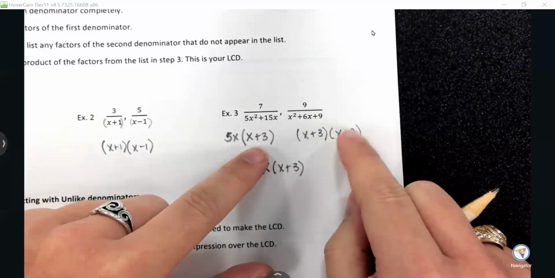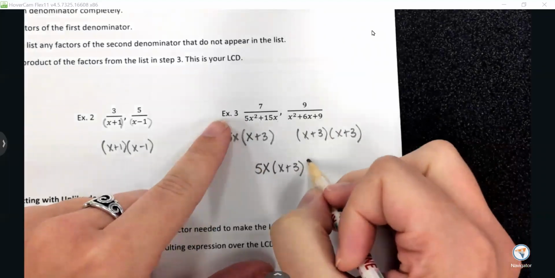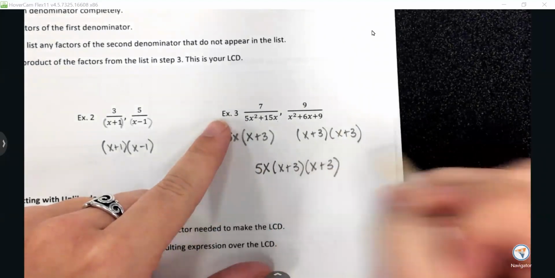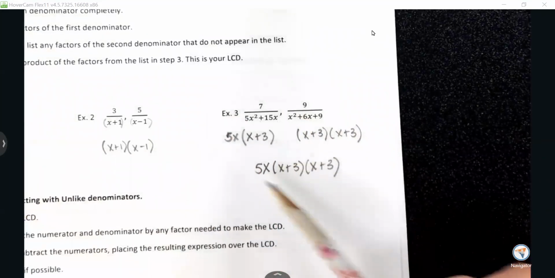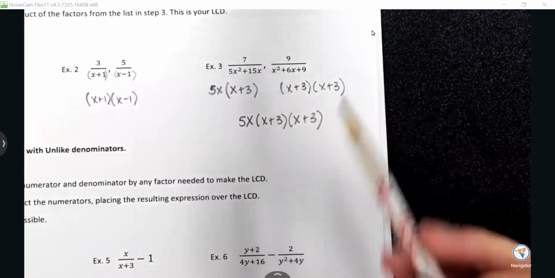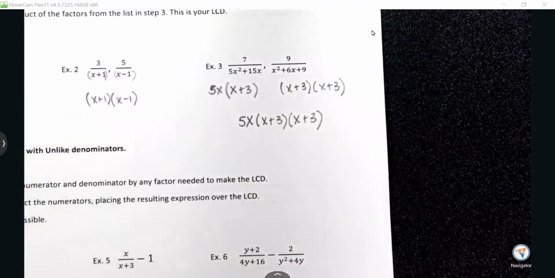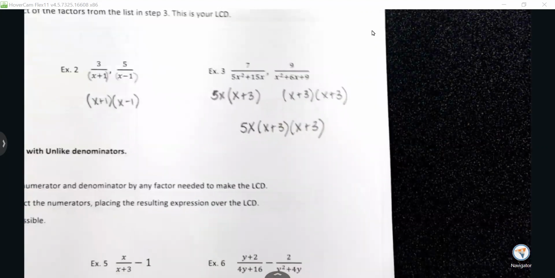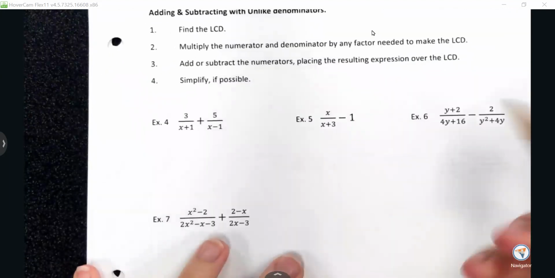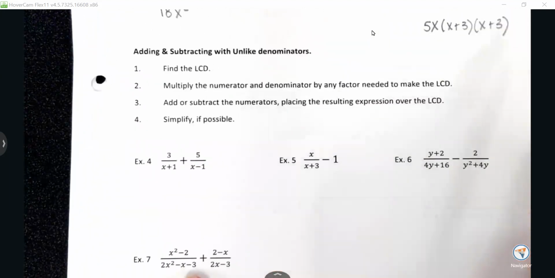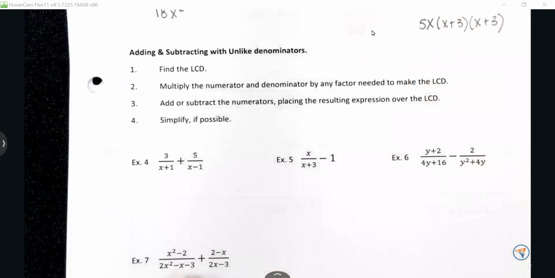So then I have to have another x plus 3 in my common denominator. So my common denominator has to have everything from the left side and everything from the right side together. All right. So let's go try some. Yes, that's the common denominator.